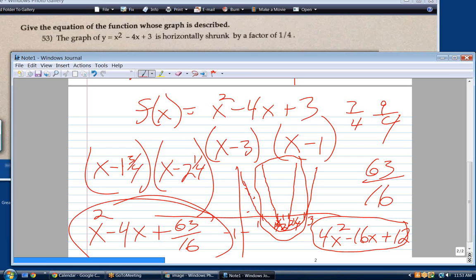They're saying that parabola actually goes deeper like that. Mm-hmm. So it changes the y point on the vertex when it shrinks? See, that wasn't my understanding. I didn't think that it changed the vertex of a parabola when you horizontally shrunk it.